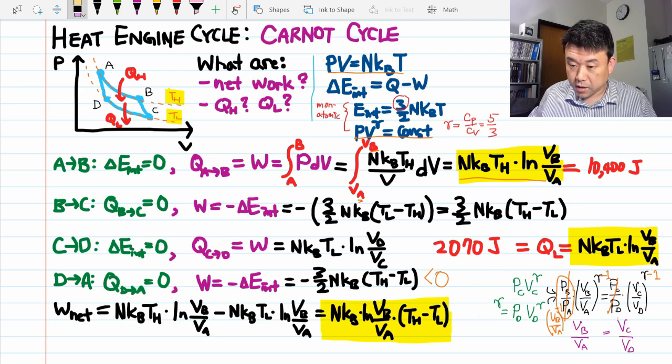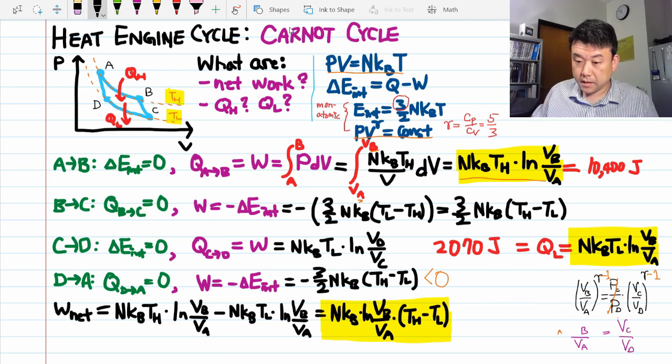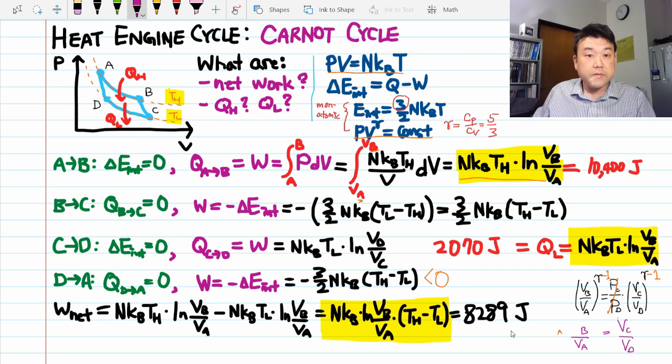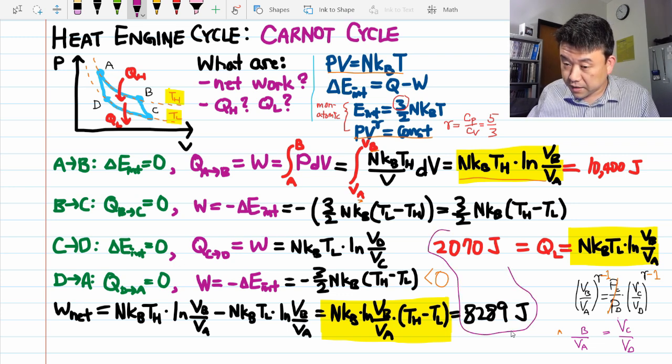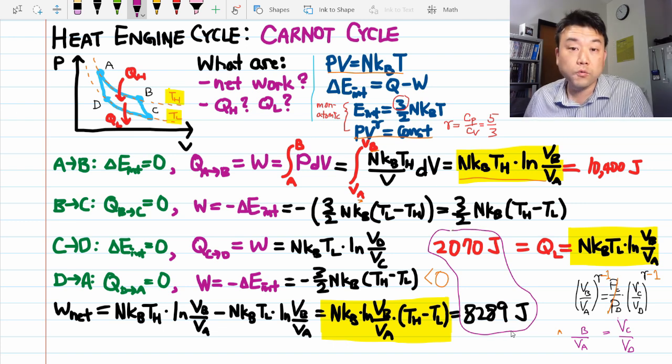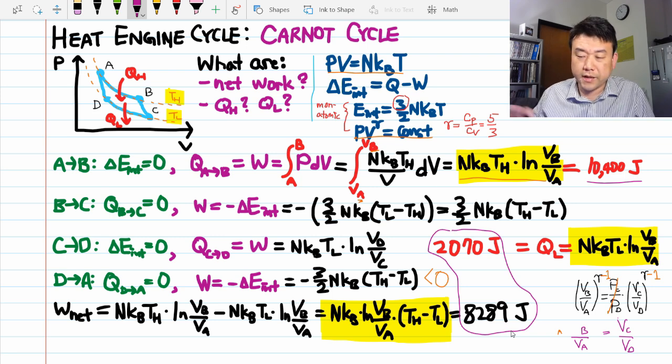And when you plug in the numbers, the work done is 8289 joules. Now, if energy is conserved, then the sum of these two quantities, the rejected heat and work done, is equal to the heat transfer at the higher temperature. 2070 plus 8289 is approximately 10,400, give or take 100.